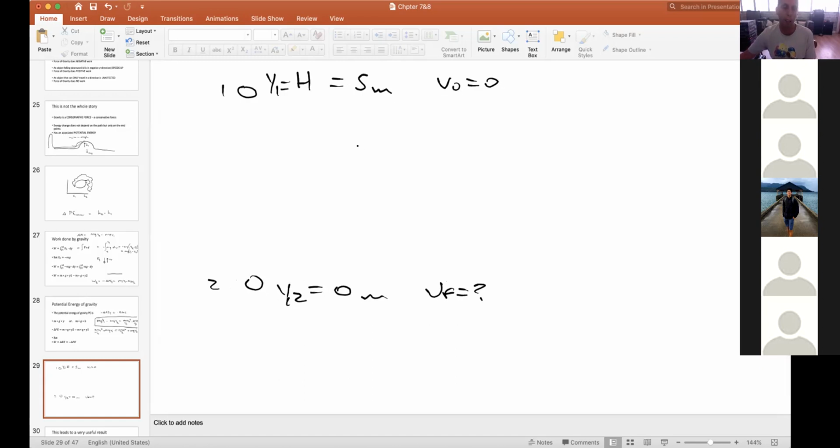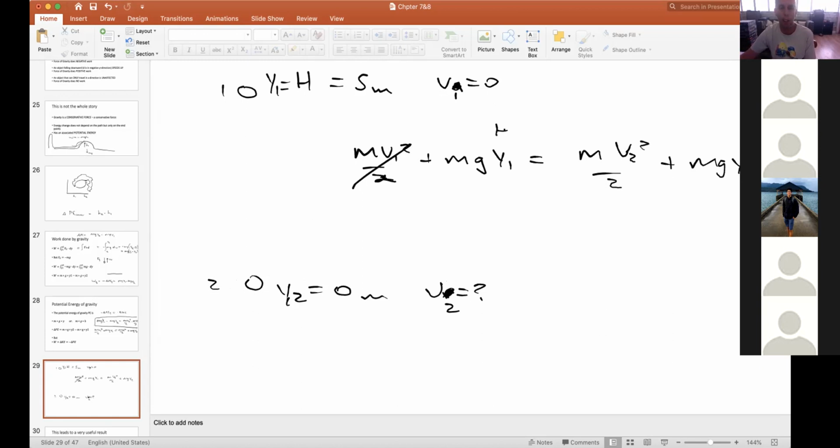I write mv1 squared over 2 plus mg y1 is equal to mv2 squared over 2 plus mg y2. Let's call this v1 and v2. Sorry, guys. This is 0, this is h, this is unknown, this is 0. Cancel the m's, I get that v2 is square root of 2gh, as before.